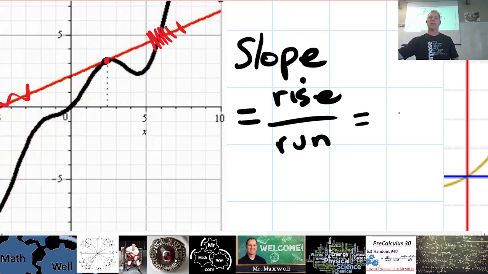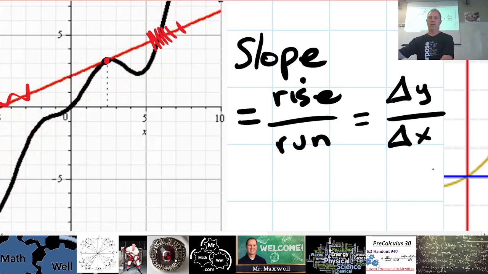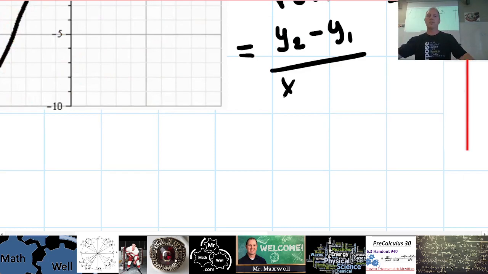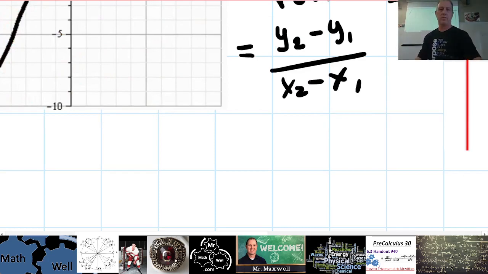Also can be expressed as delta y, that is the change in y values, divided by the change in x values. Rise over run. Also can be the difference in the y values, y2 minus y1, divided by x2 minus x1.